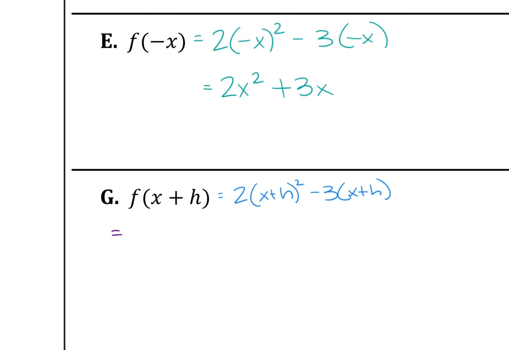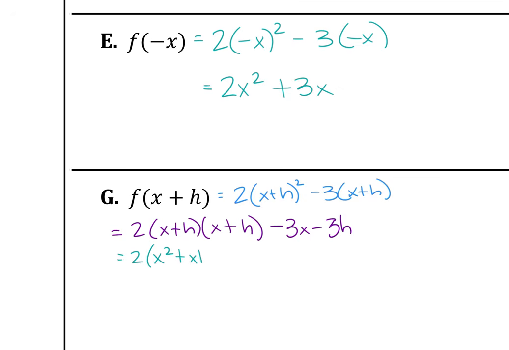Okay, foiling. So 2 times (x plus h) times (x plus h) minus 3x minus 3h. Foil. 2 times (x squared plus xh plus xh plus h squared) minus 3x minus 3h.